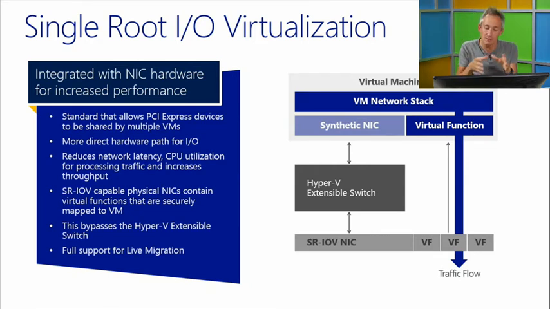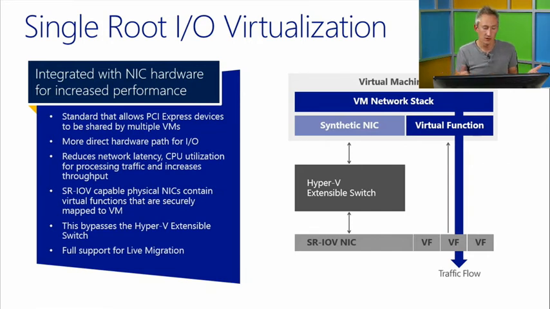You can see from the diagram, it provides a very useful representation. The traffic is no longer going via that synthetic NIC, it's going via the virtual function, which bypasses the Hyper-V extensible switch and some of the other processing, and provides, just like that virtual Fibre Channel example before, a more direct connection from virtual machine through to the physical NIC and out.